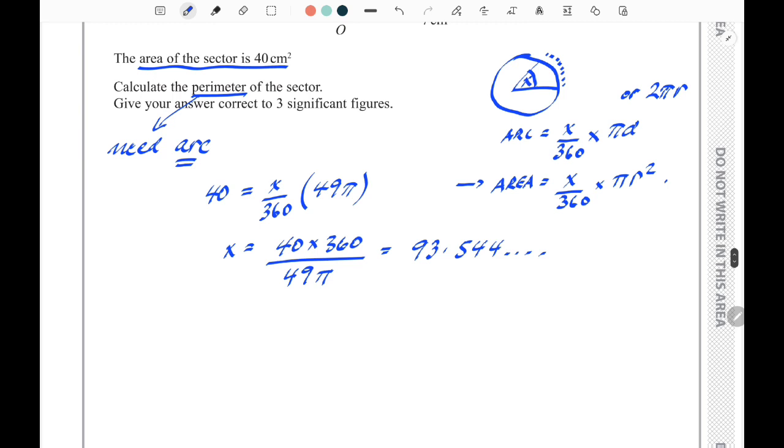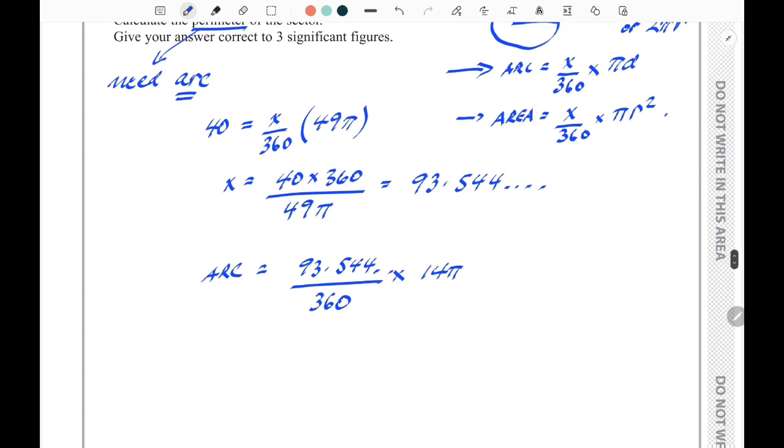So now we know the angle at the center. So what we need is that the arc length, using the formula here, is going to be that angle 93.544, etc., divided by 360 times the 2 pi r, just keep it nice and simple. So that's 14 pi.